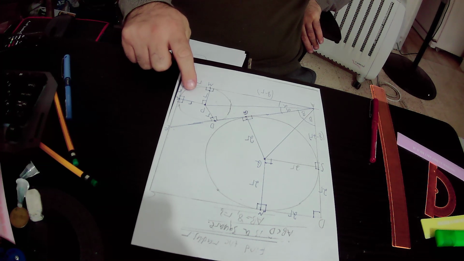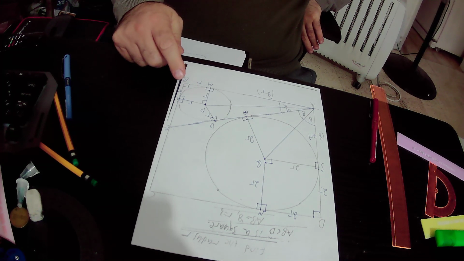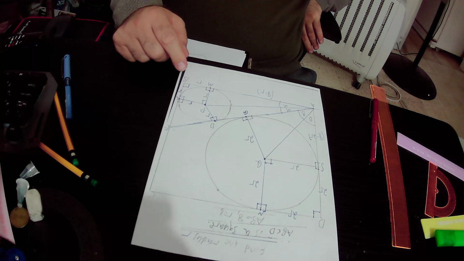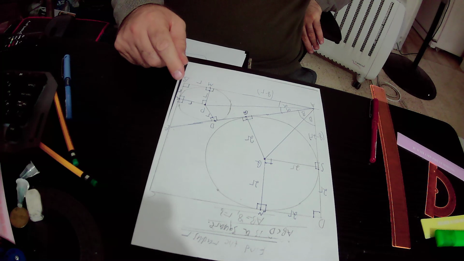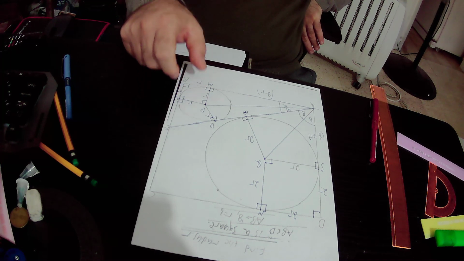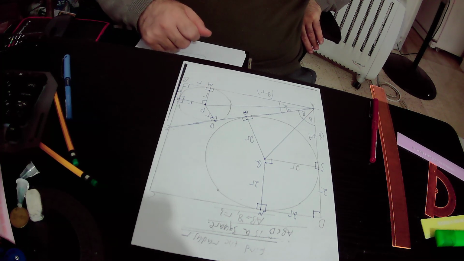So this shape PMBL is a rectangle, and we know that the opposite sides of a rectangle are equal to each other. That is to say, PM equals LB and PL equals MB.